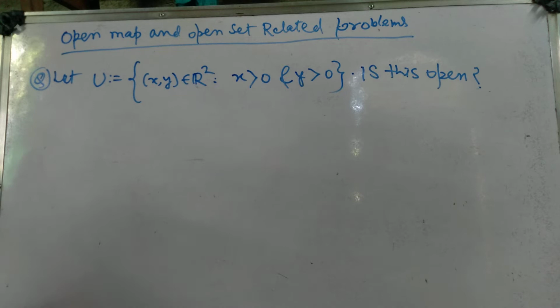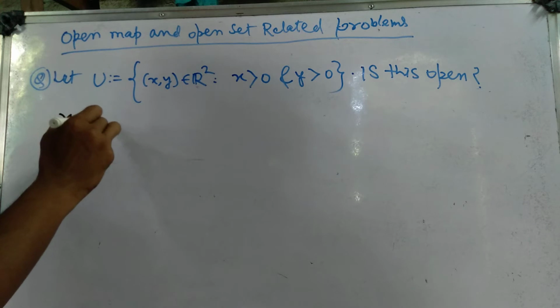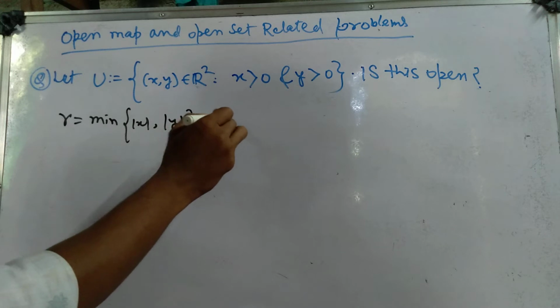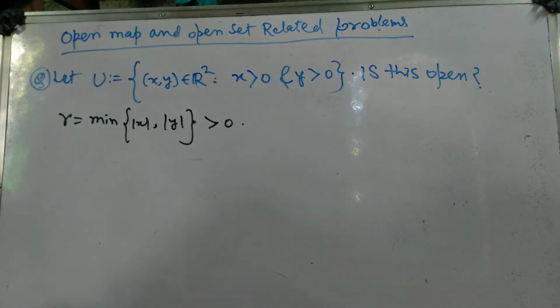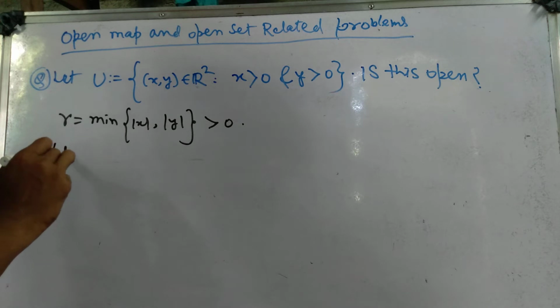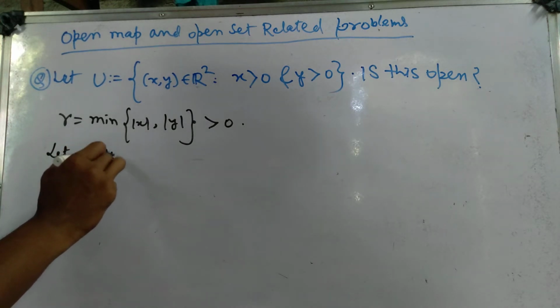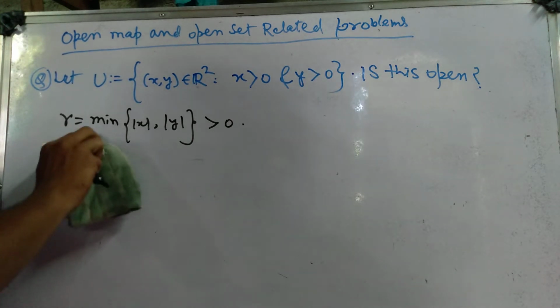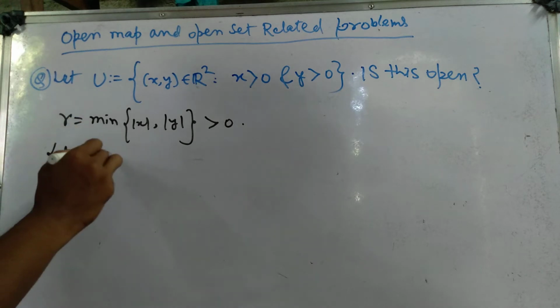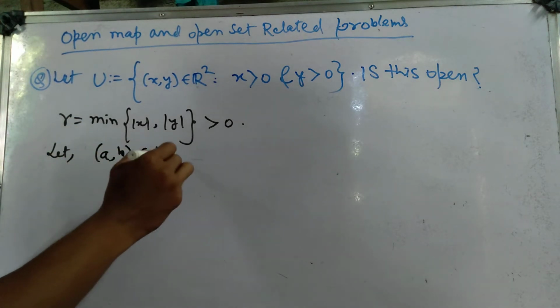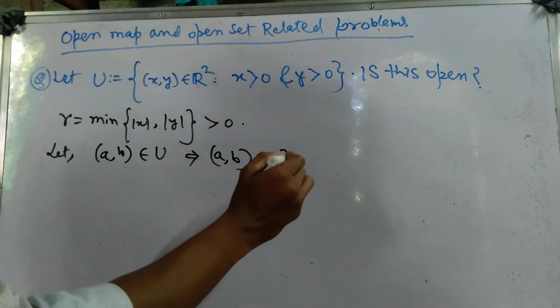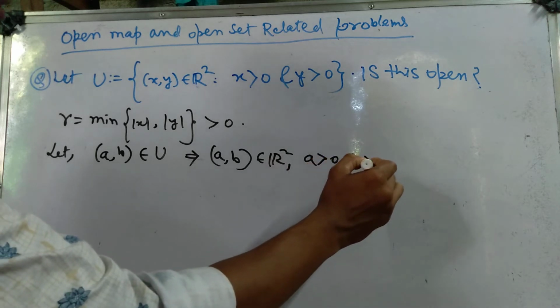We write the same thing. r equal to the minimum of mod x and mod y. Then r is obviously greater than 0. Let (a,b) belong to U. This implies that (a,b) belongs to R square and a greater than 0, b greater than 0.